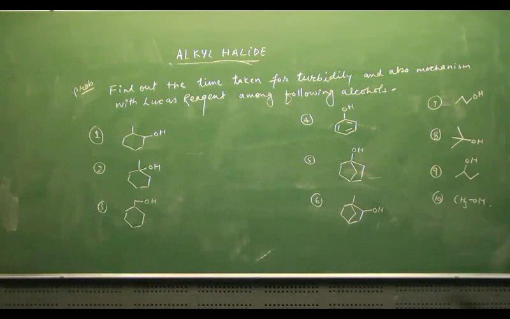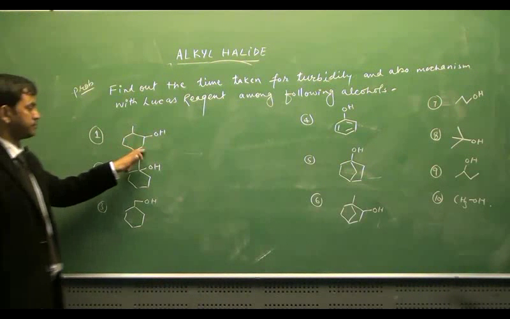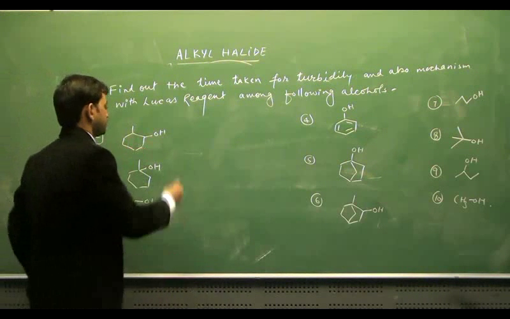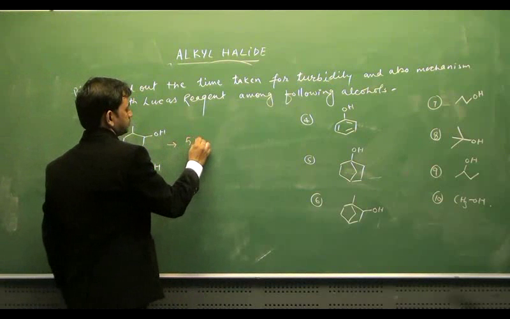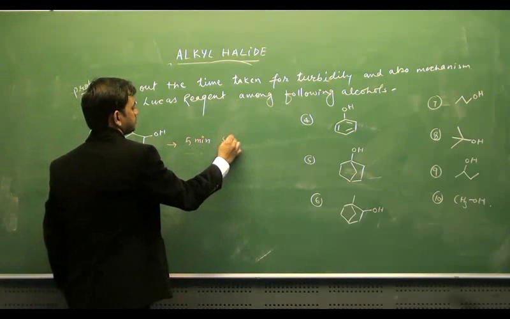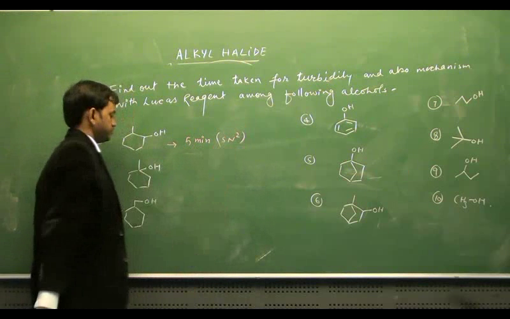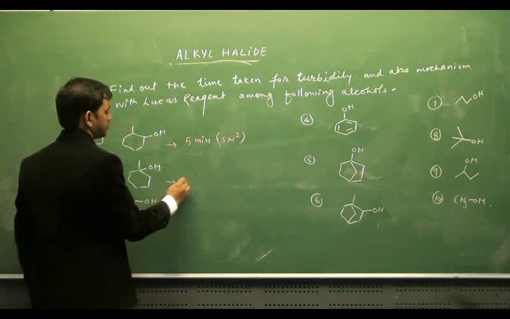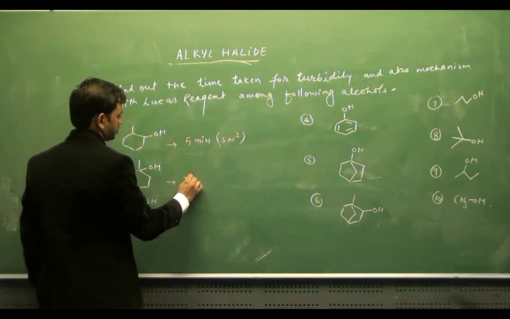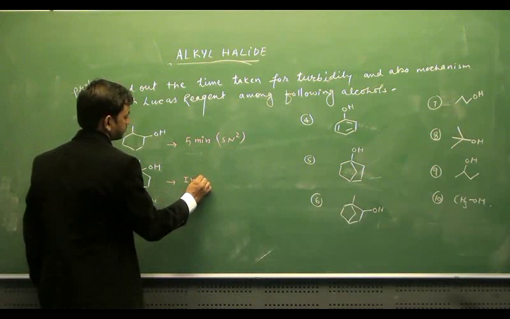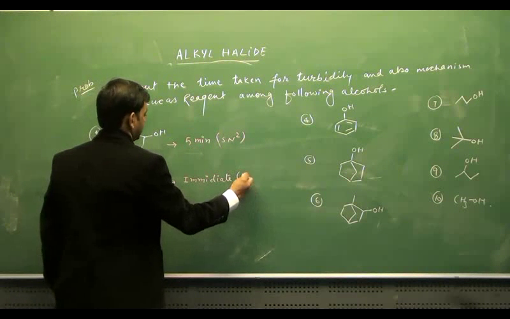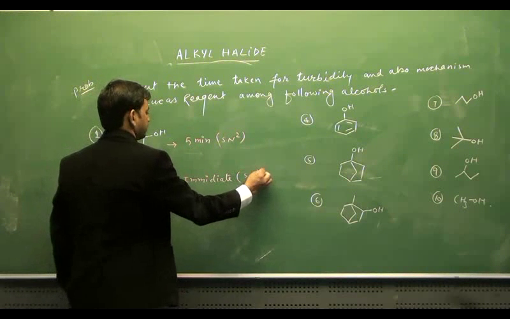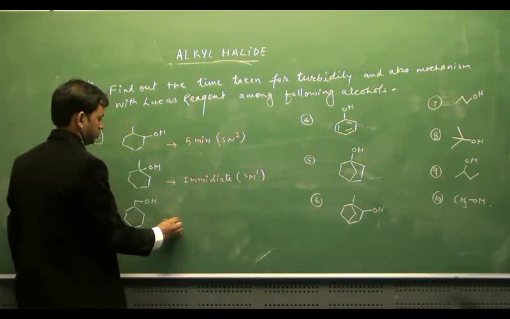See, in this case, this is 2 degree. It takes 5 minutes and the reaction mechanism is SN2. This is 3 degree. It gives immediate turbidity and the reaction mechanism is SN1.